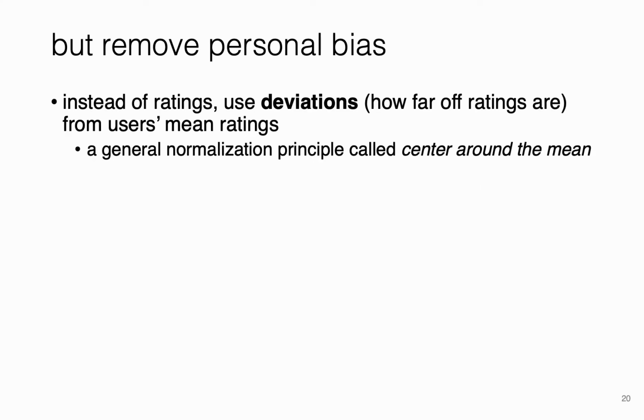Let's put this idea in practice. Instead of raw ratings, we will predict rating deviations. You can think of these deviations as normalized ratings, where we follow the normalization principle of centering around the mean.